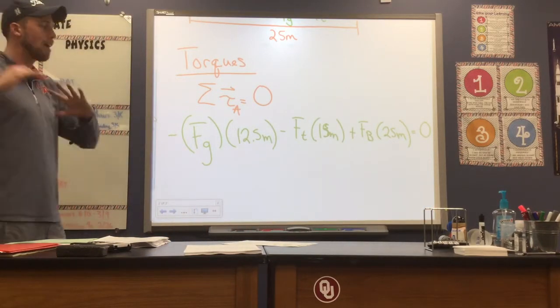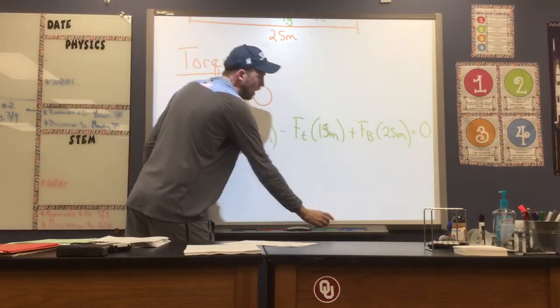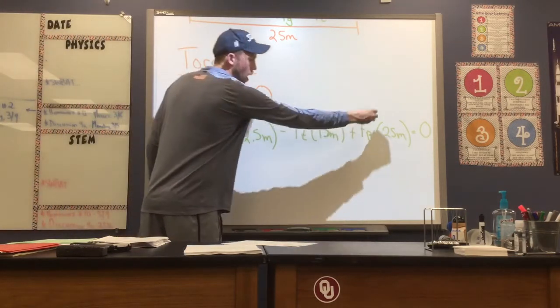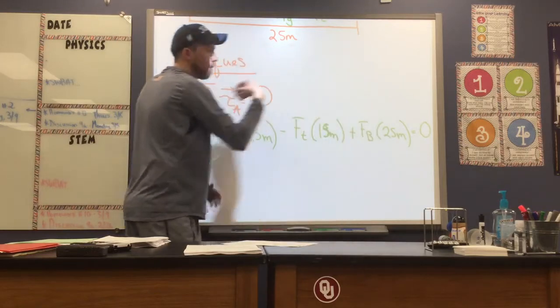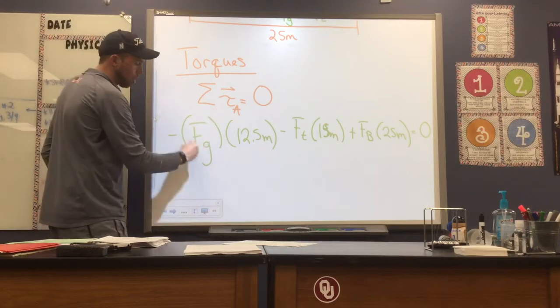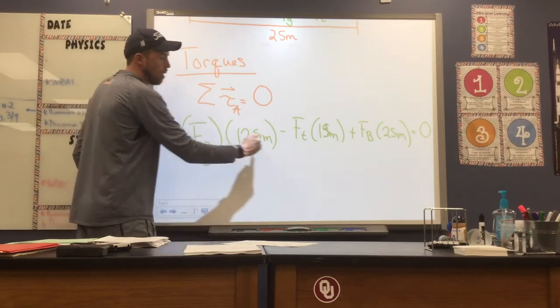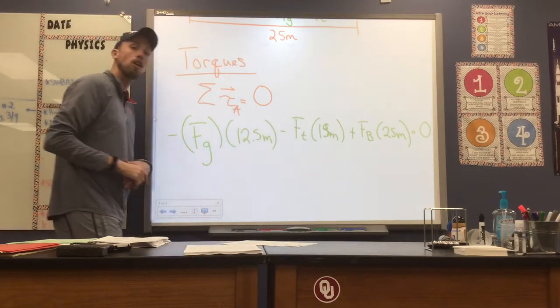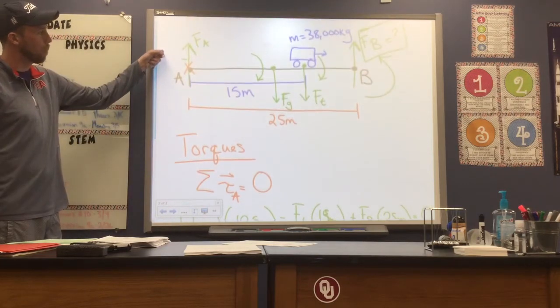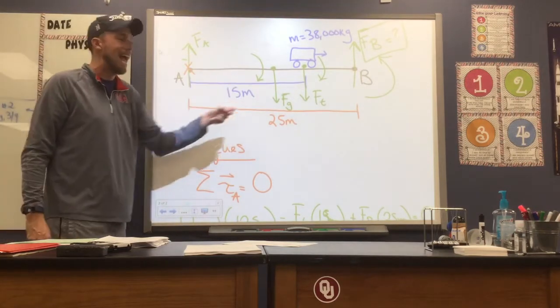Now, as you'll notice, we have all of our distances already given to us. Okay? What we need to figure out is what this force at point B is going to be. So in order to do that, we need what's our force of gravity acting on the bridge and what's our force on the truck. So here's what we can do. We know the mass of the bridge and we know that it's gravity acting on the bridge.